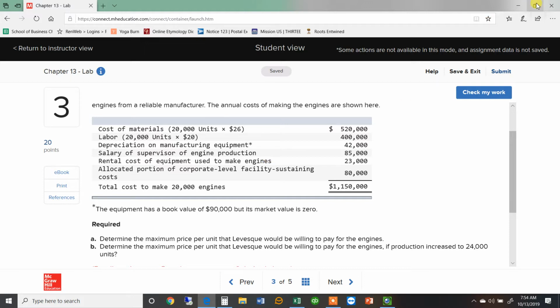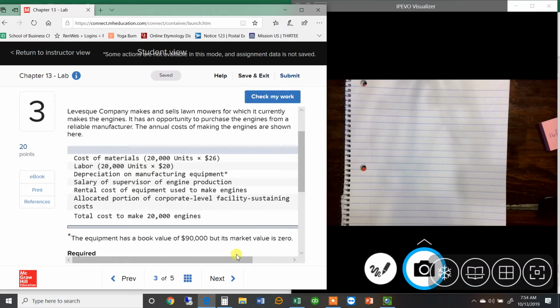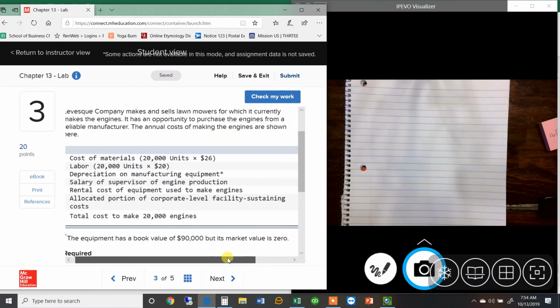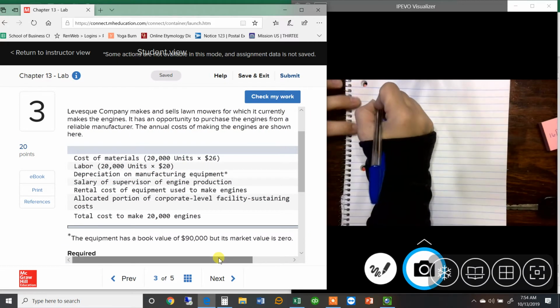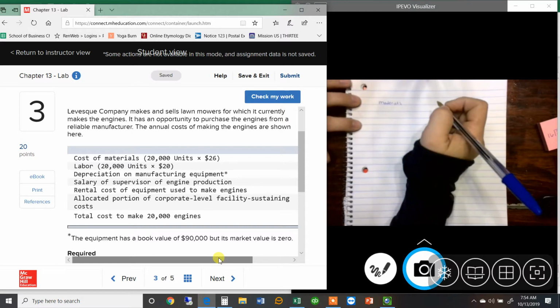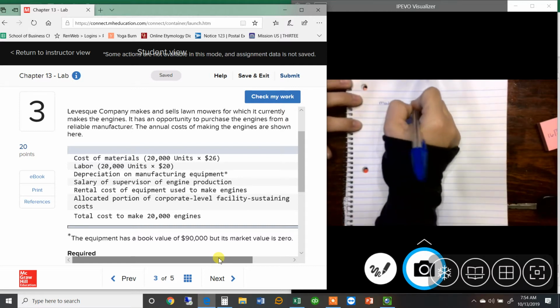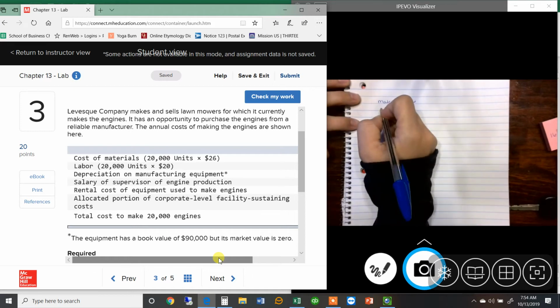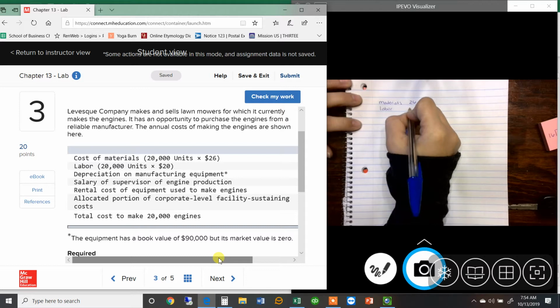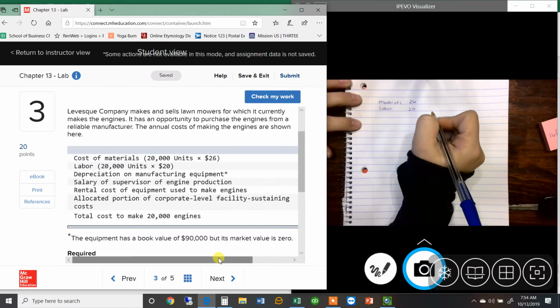So let me go ahead and pull up my document camera here. All right, so I have my materials. My materials cost was $26 per unit. I have labor, and this is $20 per unit.